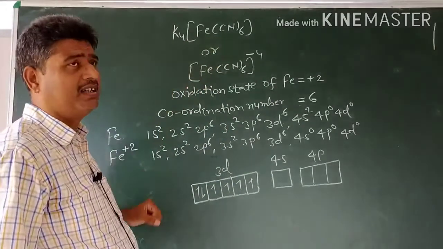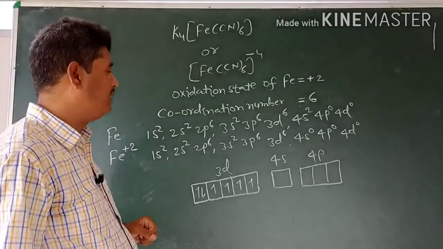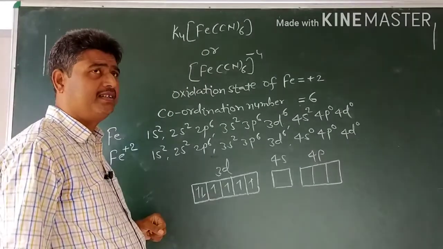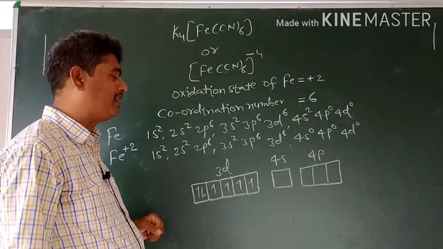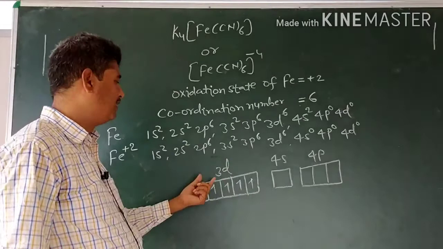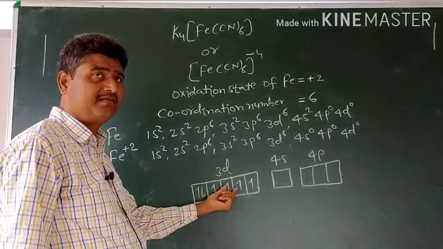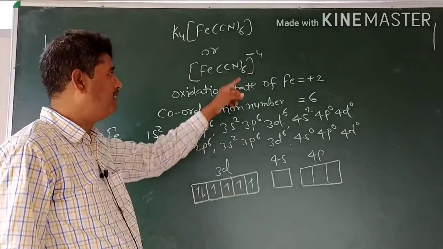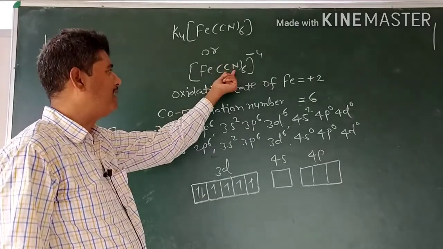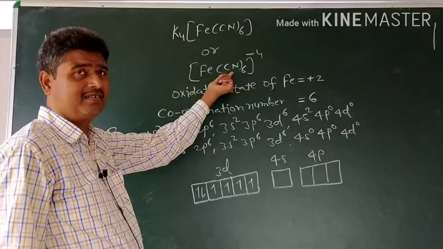Cyanide is a strong ligand. In the presence of a strong ligand, pairing will occur in the inner d orbital, that is, the 3d orbital. Here the 3d orbital is not complete and our ligand cyanide is strong.